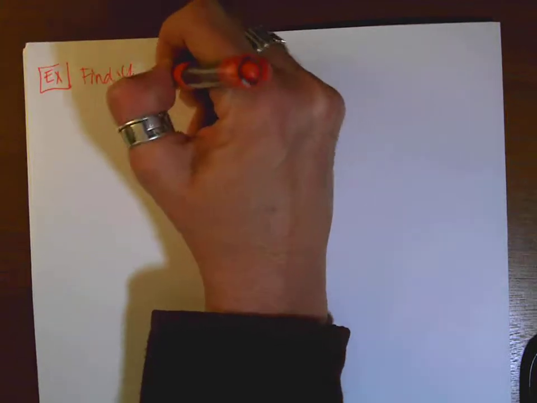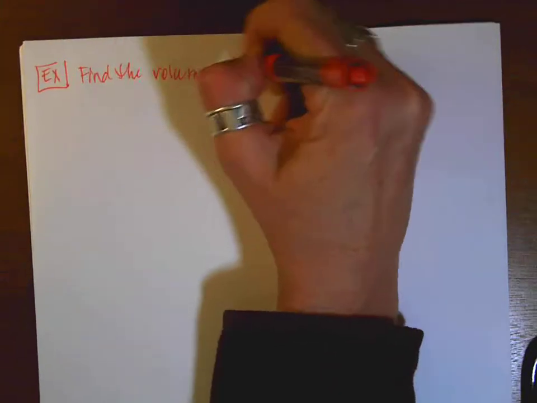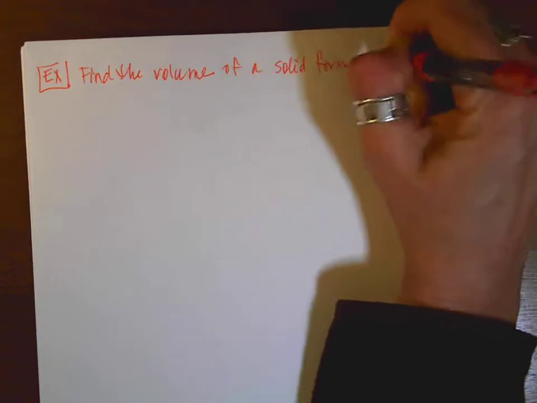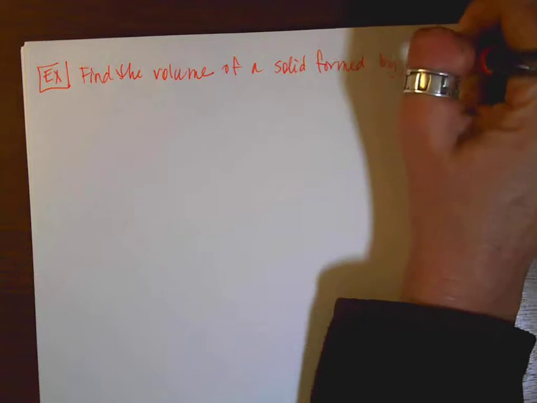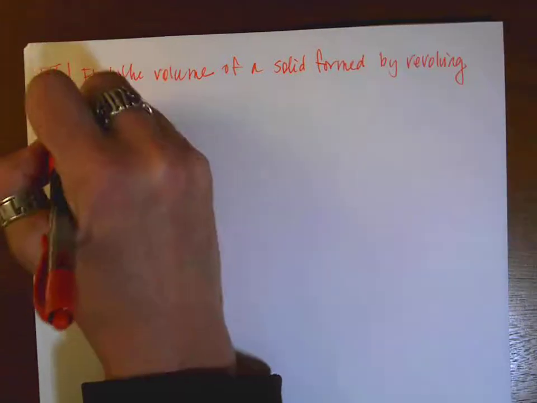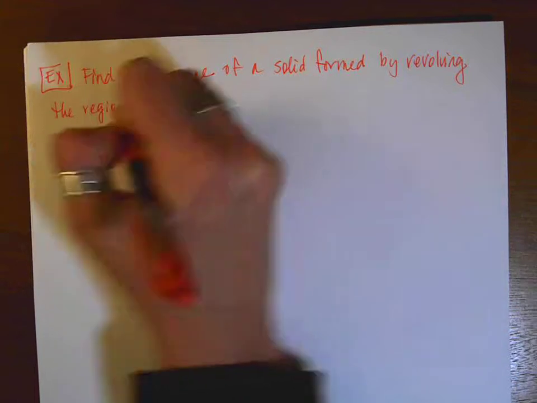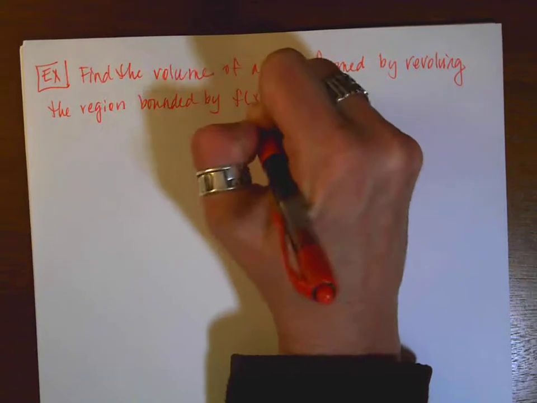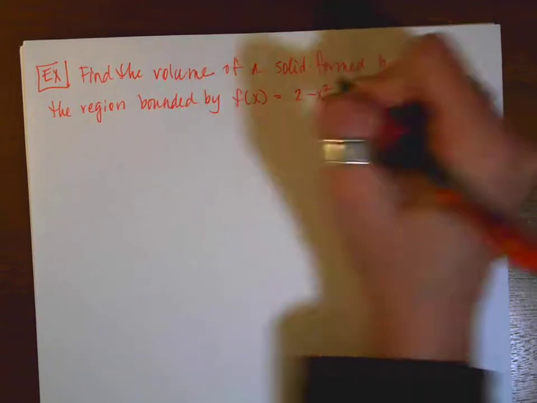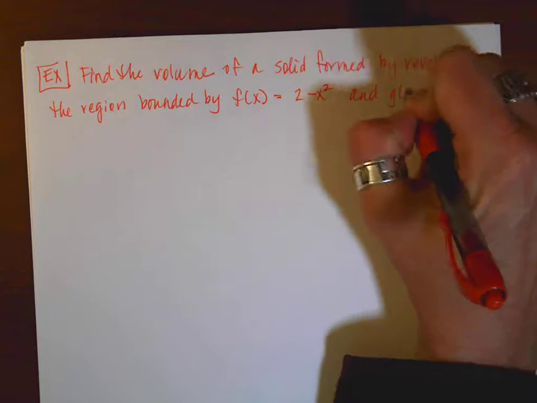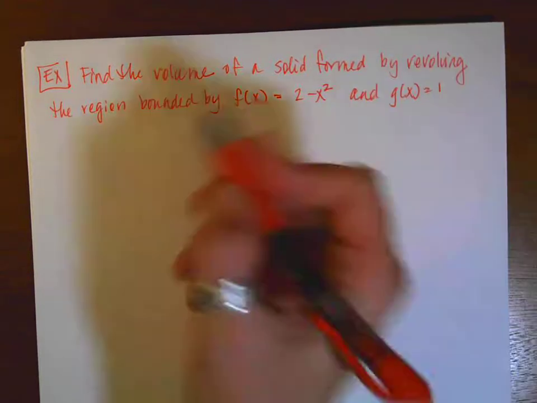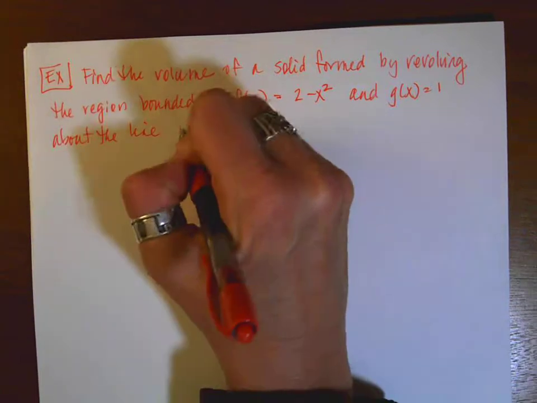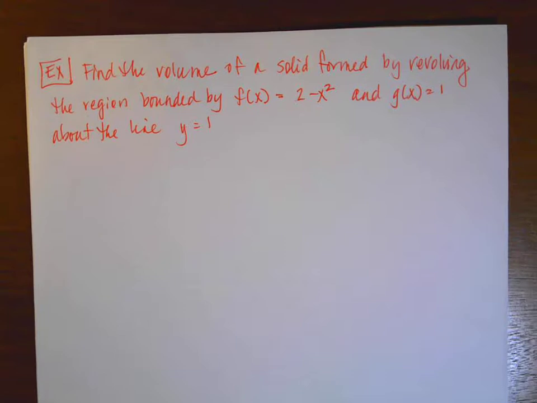We're going to find the volume of a solid formed by revolving the region bounded by f of x is 2 minus x squared, and g of x is 1, so that's a horizontal line, about the line y equals 1.